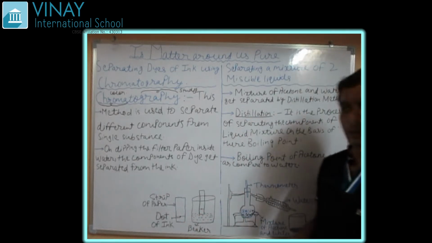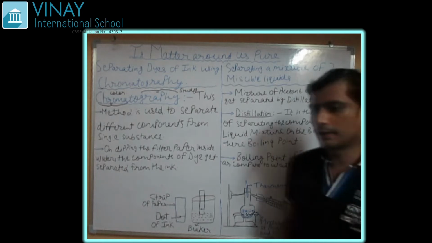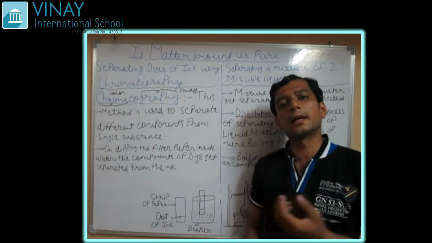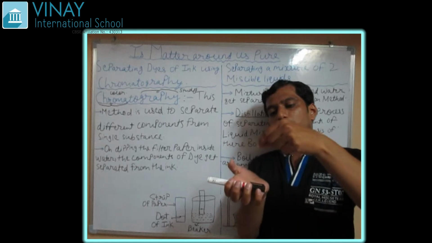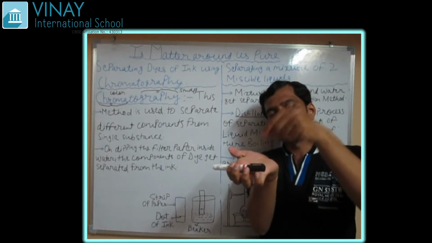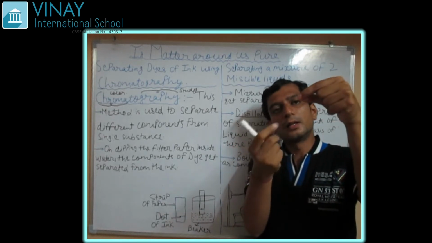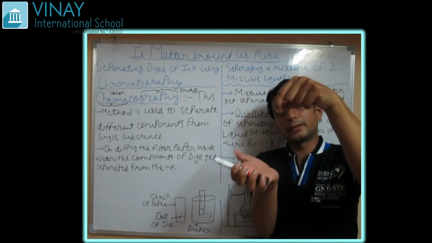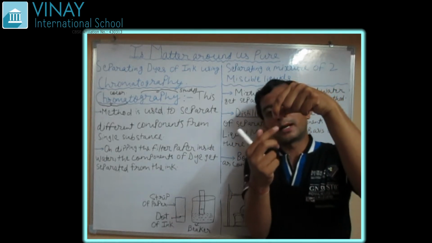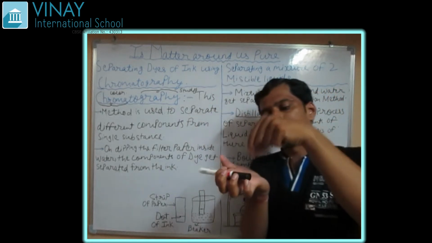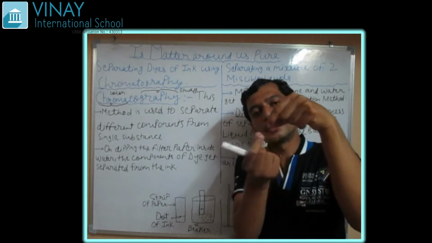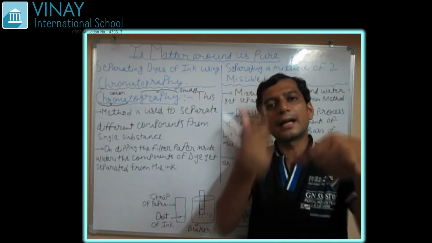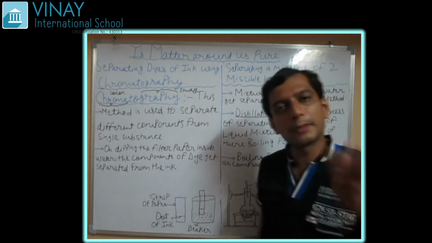While playing, you might have seen that when you add a little bit of paper, the bottom part of the paper, to the water, when you dip a little portion inside the water, then the level of water starts rising upward on the paper.